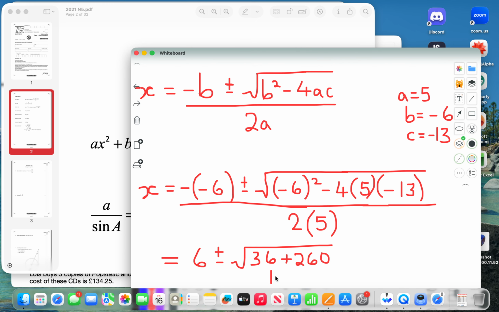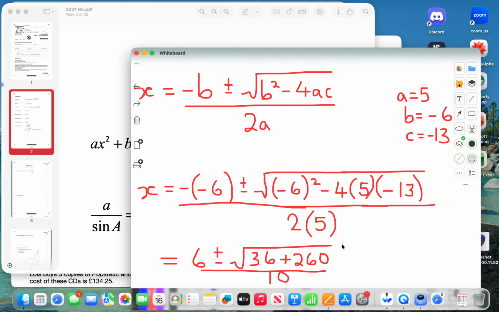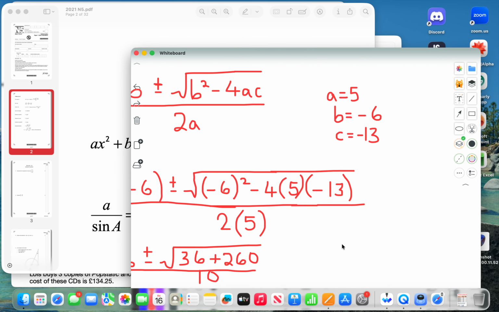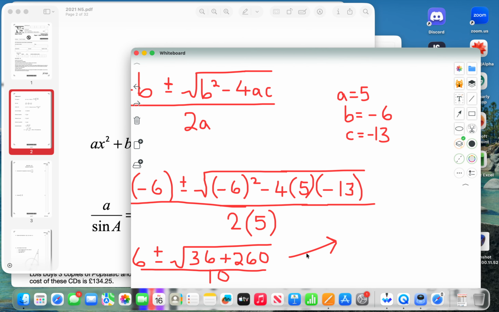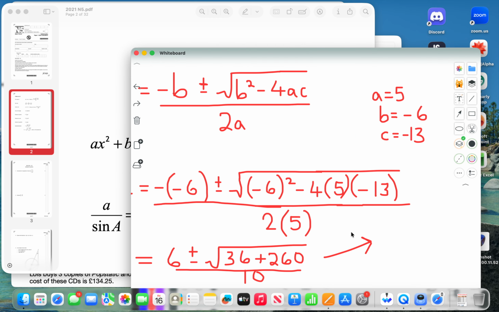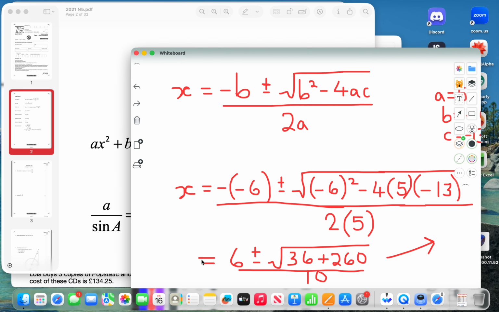And dividing this all by 10. So this would get you the third mark for substitution.